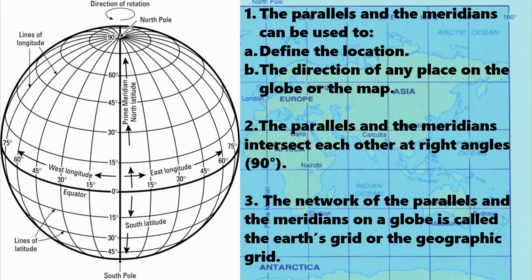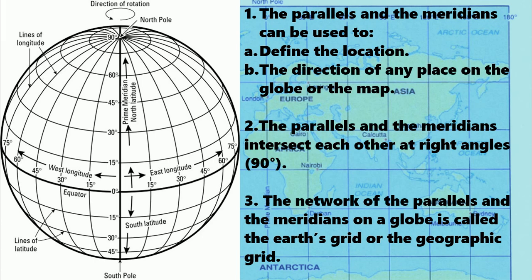Thus, with the help of these two sets of lines, or the grid system, the location of any place can be determined.